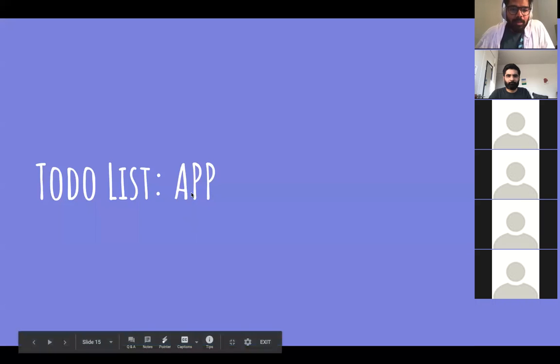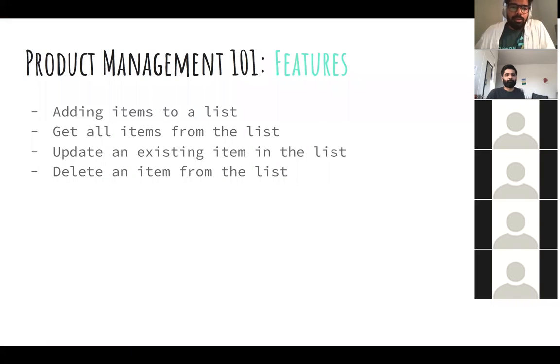Now I want to jump into getting our hands dirty with some code and build a simple to-do app. You can imagine this to be a part of a larger system where to-do is just one operation and it's just one microservice in a bigger system of things.